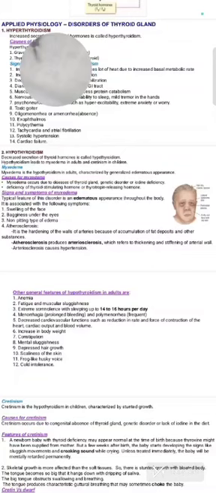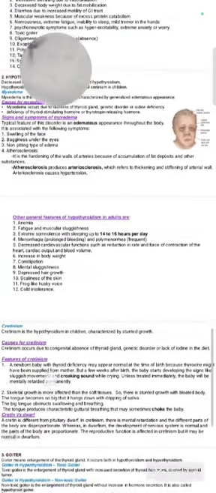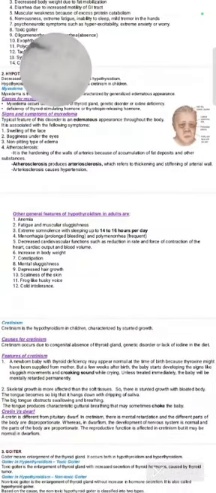Now the other features of hypothyroidism in adults, you can look at the picture. The face looks swollen, edematous. The other features are anemia, fatigue, muscular sluggishness, extreme somnolence, that is sleeping up to 14 to 16 hours a day.